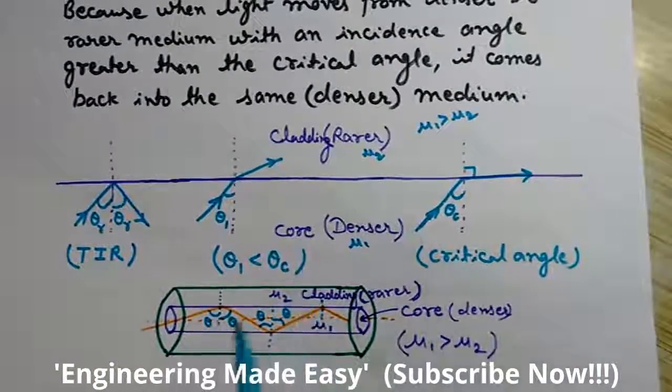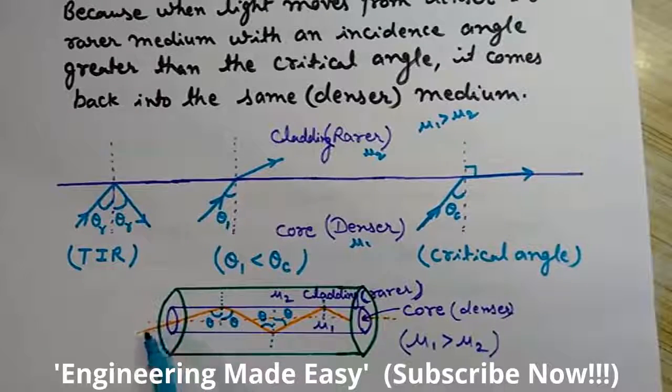So when light rays move in this way, it is moving in the core, then it tries to go into the cladding, but it is totally internally reflected. TIR takes place at this interface of core cladding and at this interface. But how does it take place?